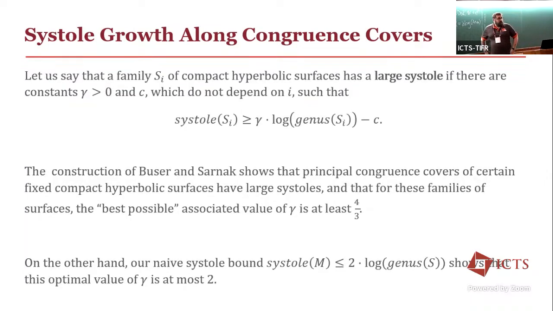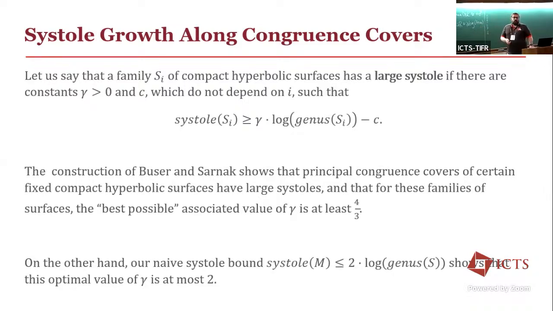So I want to say that a family of surfaces has large systole if there are constants gamma and c, where gamma is the multiplicative constant and c is the additive constant, such that the systole is bigger than gamma log genus plus c. So Bozer and Sarnak's work shows that principal congruence covers of certain surfaces have large systoles. Bozer and Sarnak's constant was 4/3.